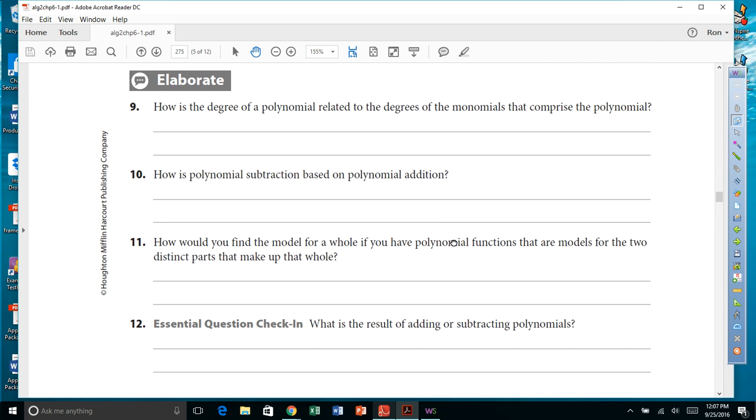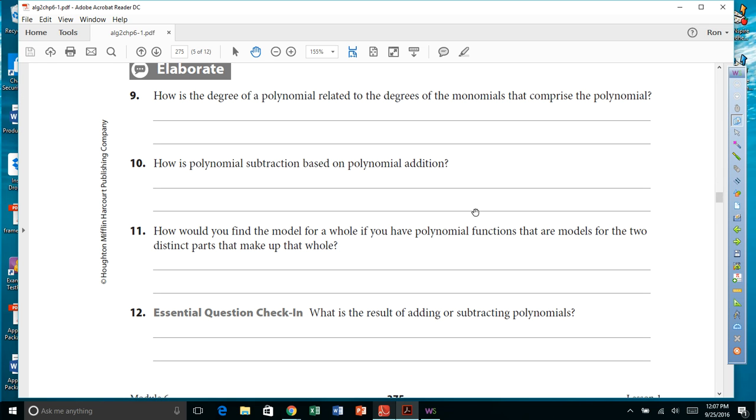Elaborate. How is the degree of a polynomial related to the degrees of the monomials that comprise the polynomial?